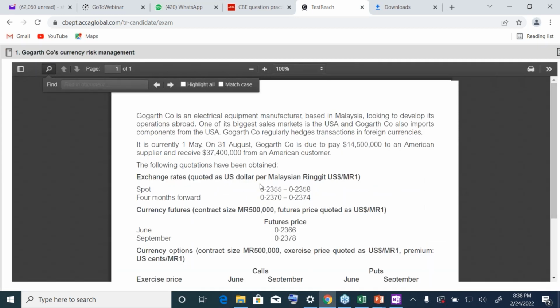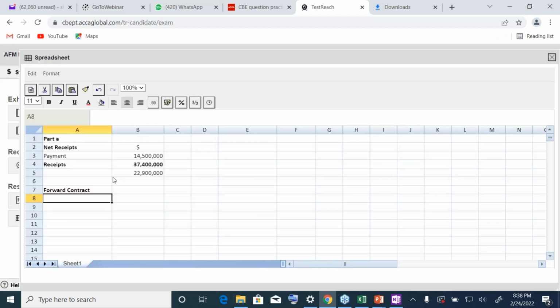It's a case of net receipt, so you will be dividing with 0.2374, the four months forward rate, USD over Malaysian ringgit.